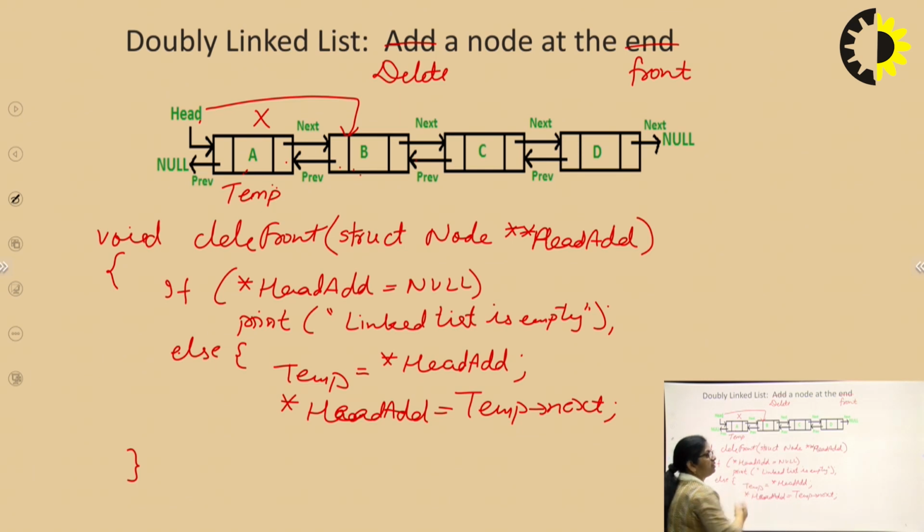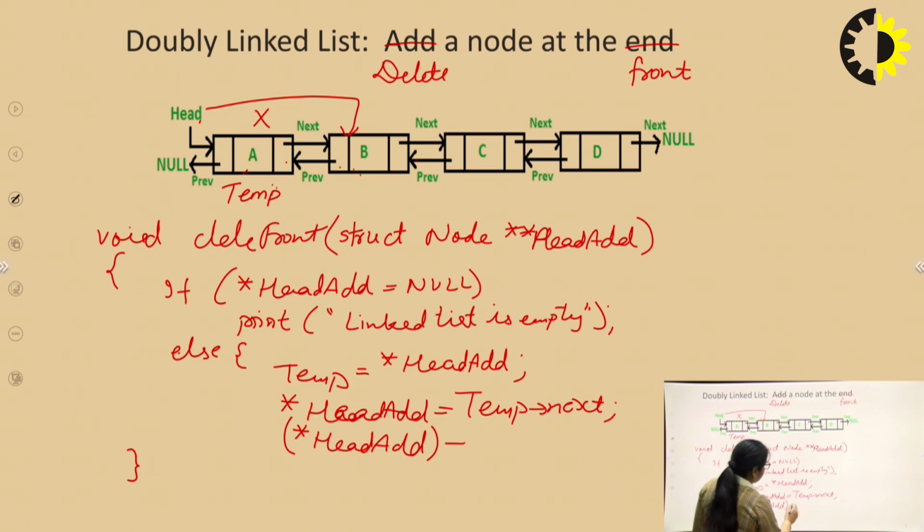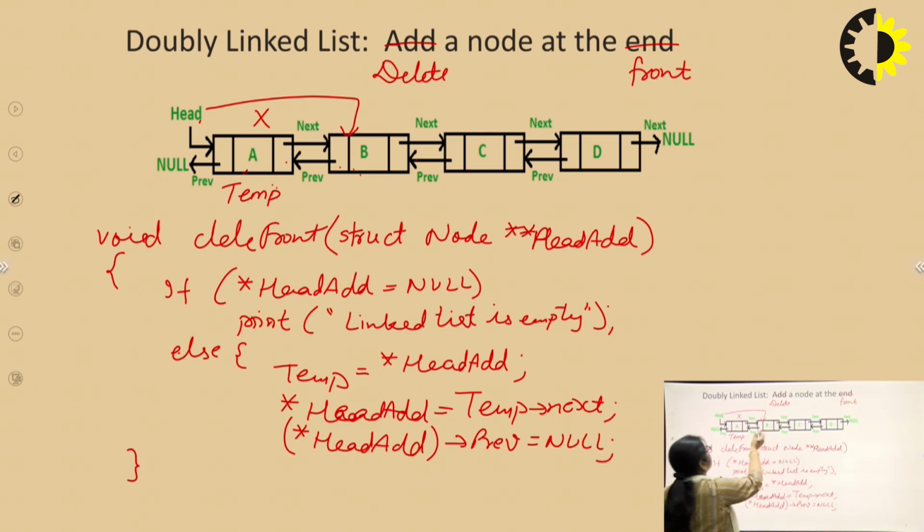Its previous pointer will be null. So star head address previous pointer will become null. Initially it was pointing to this node. Now it has been broken and it is now null.